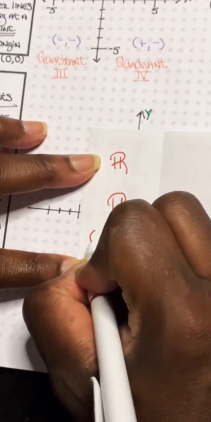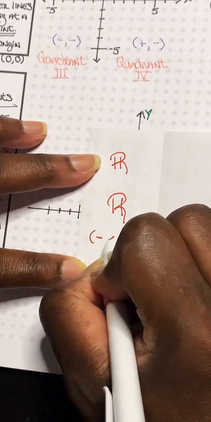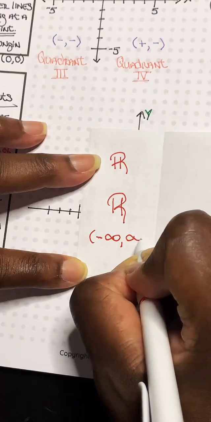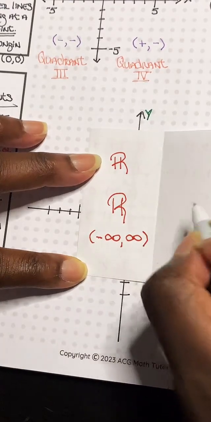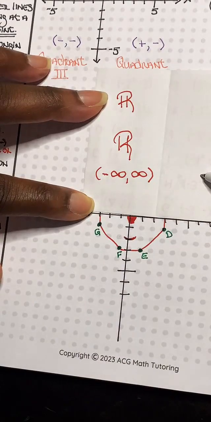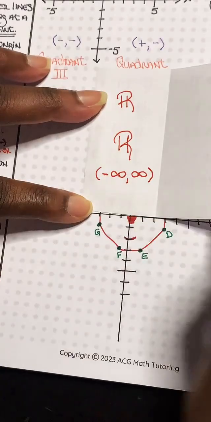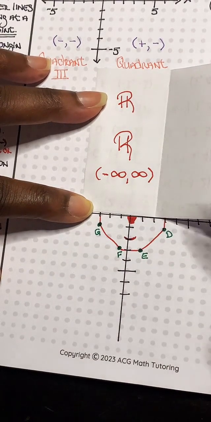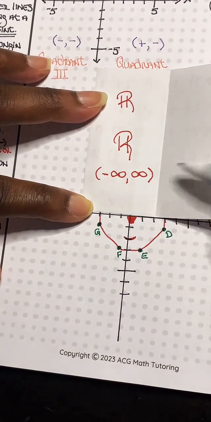Or they might have you do interval notation, which means from negative infinity to positive infinity, and you always have parentheses around the infinities. I think most of the time they've been going with this.